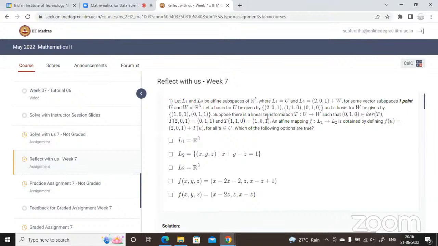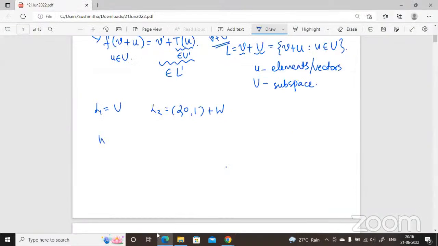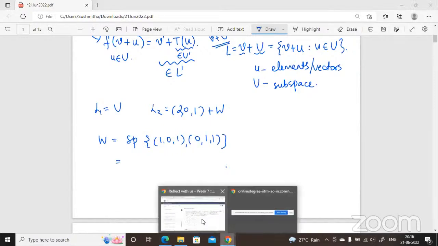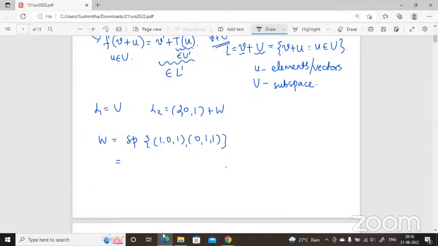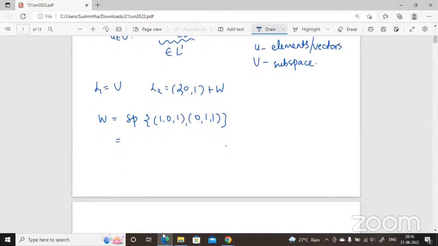And then W has a basis (1, 0, 1), (0, 1, 1). What is the subspace W? It's 2-dimensional, it's a plane.